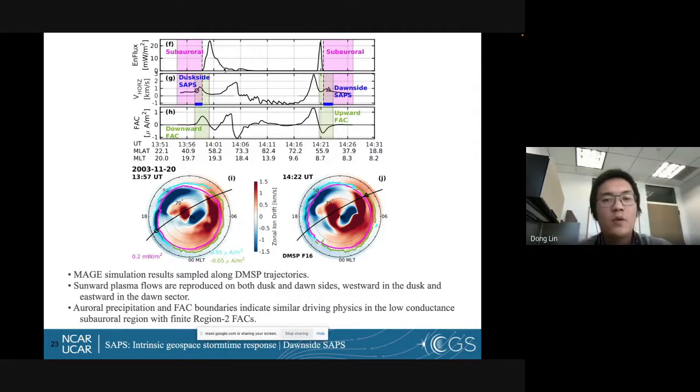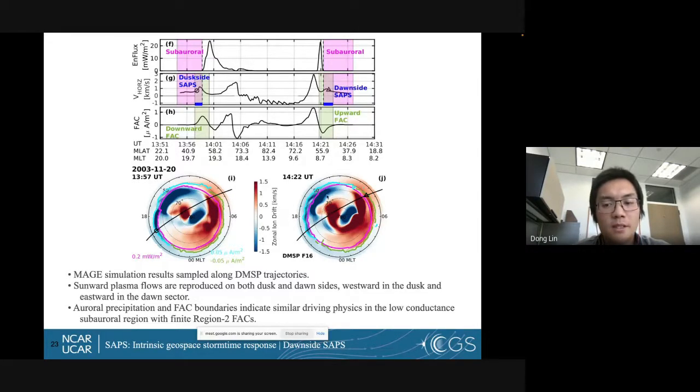So just do this 1D comparison first. And here the magenta zone indicates the subauroral region, and the greenish shading is for the field-aligned current. And here, as you can see, we reproduced the typical dusk SAPS, and again, it's westward here. If you look at the location right here. And also, we captured the eastward SAPS on the dawn side, just like here.